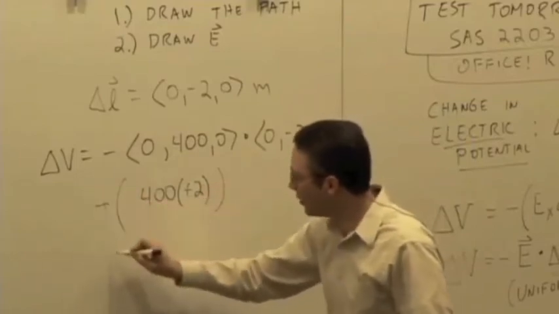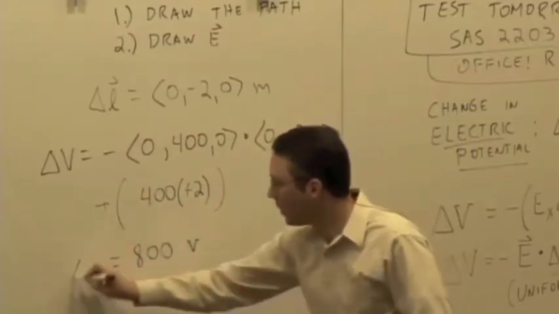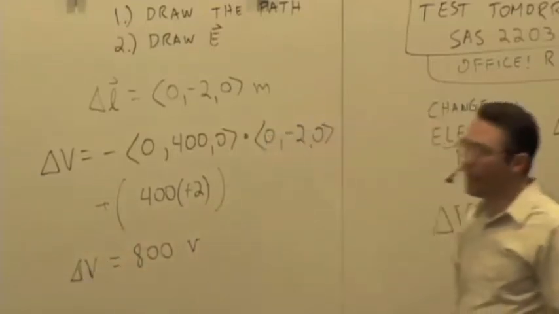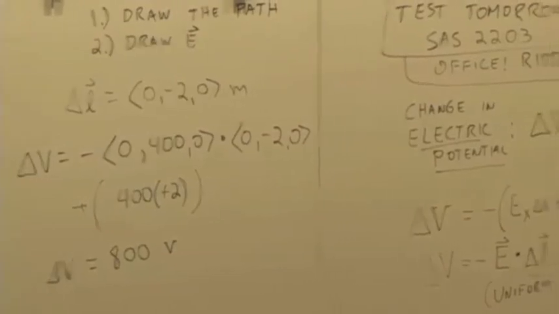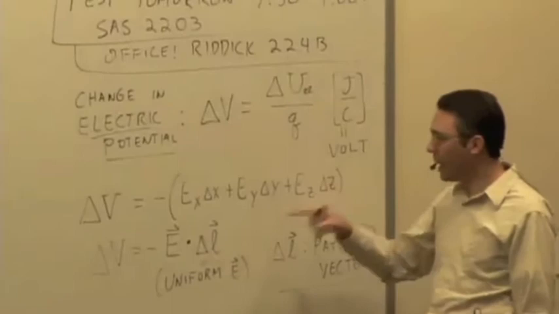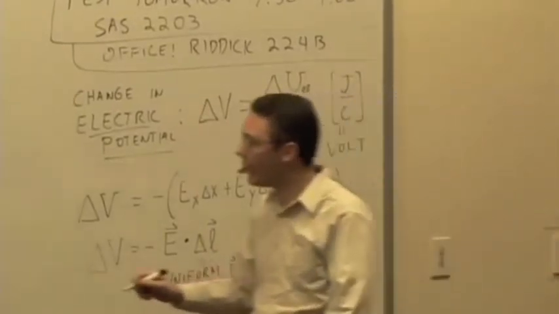And the signs cancel and you're left with positive 800 volts. Okay, so once again, signs got to be a little bit careful. Something that can help you: remember, from your math classes or from Physics 1, there's another way to think about a dot product.